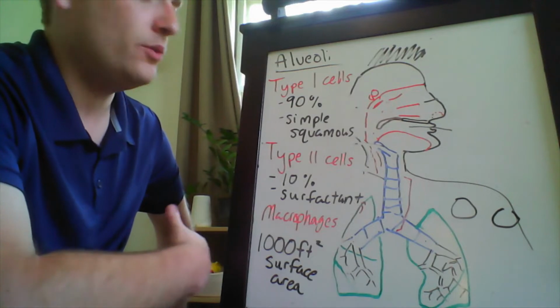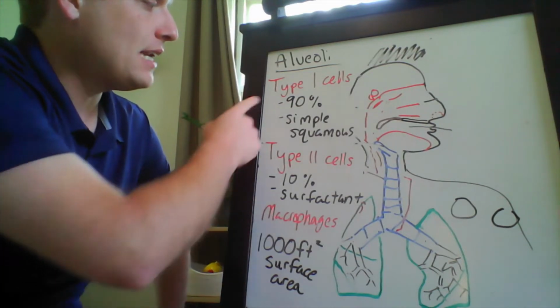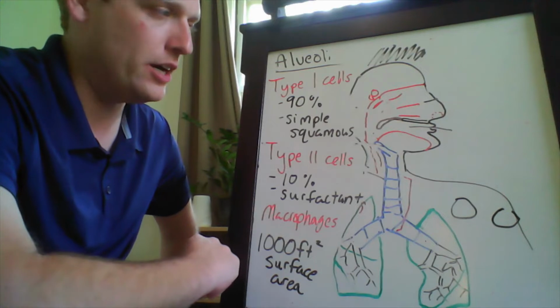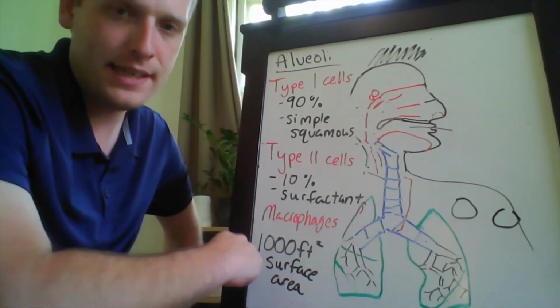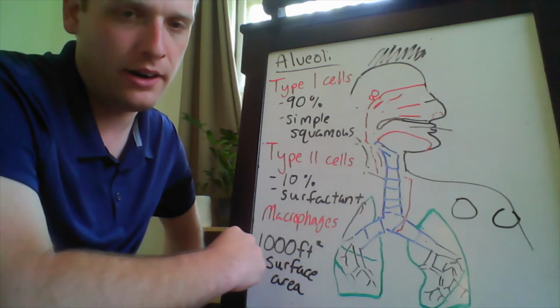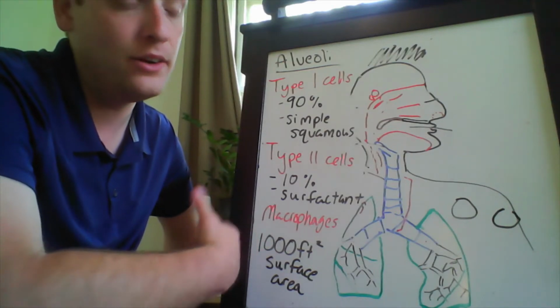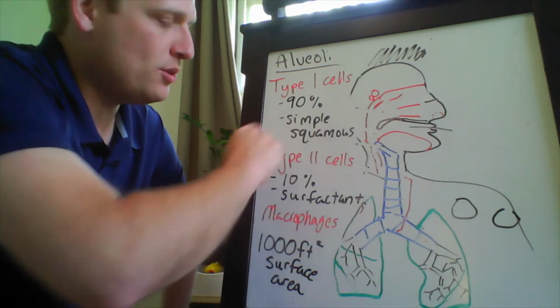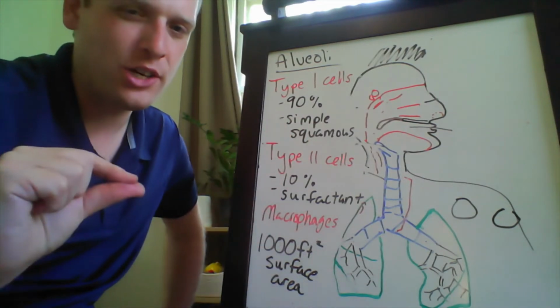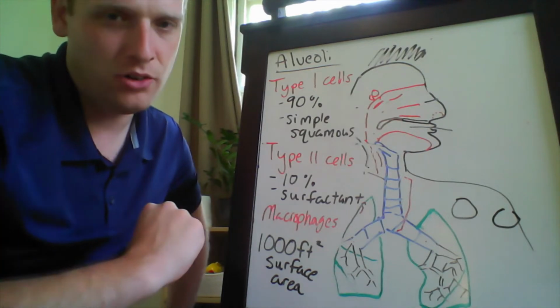Within those alveoli, about 90% of the cells that you'll find in the air sacs are going to be type 1 cells. What those are is a simple squamous layer of epithelial cells. Simple squamous again means they're stretched really thin and they're in a single layer.